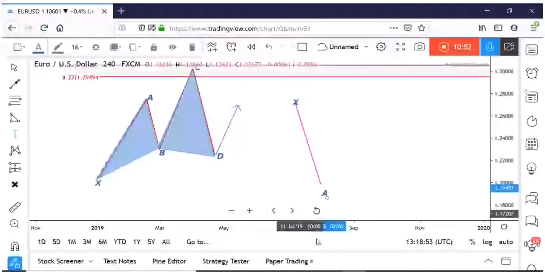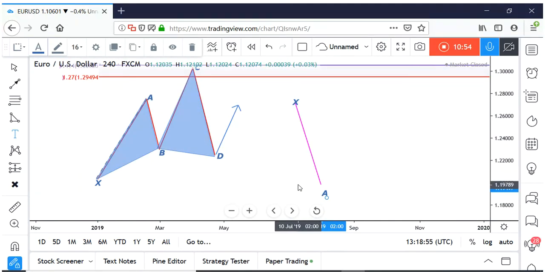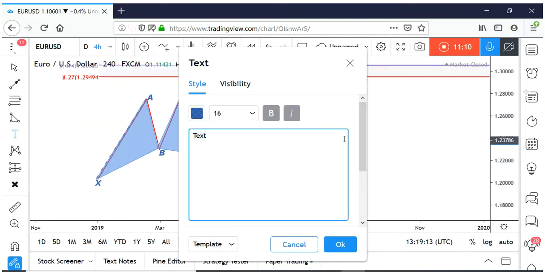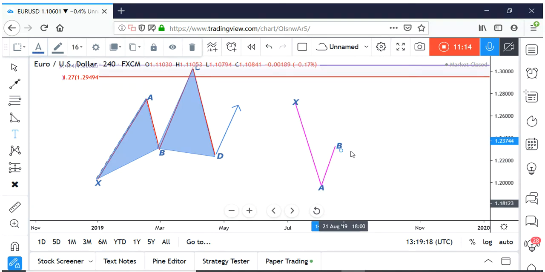And then the next thing that we need to do is to look for a pullback. So that would be our B leg.